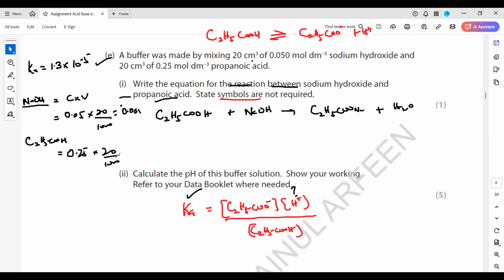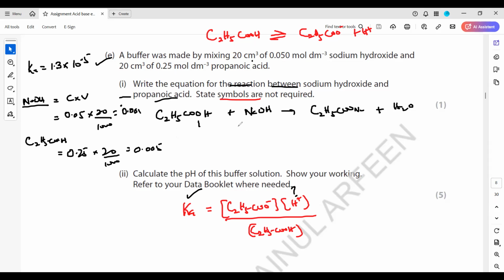So if we have 0.25 multiplied by 20, and then that is divided by 1000. So we got 0.005. These are the moles which are used.